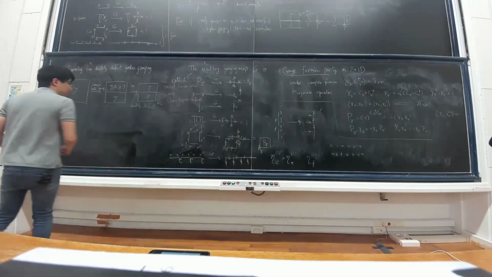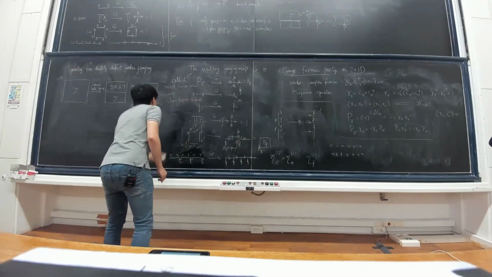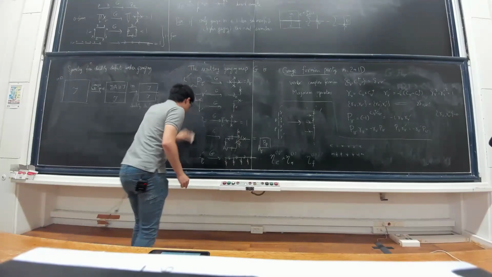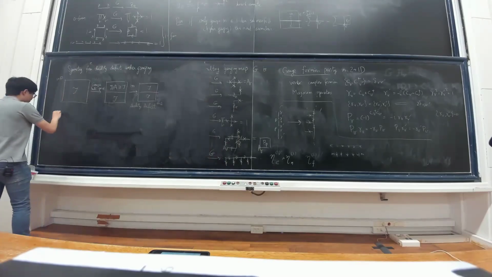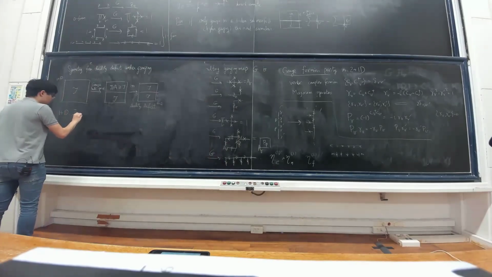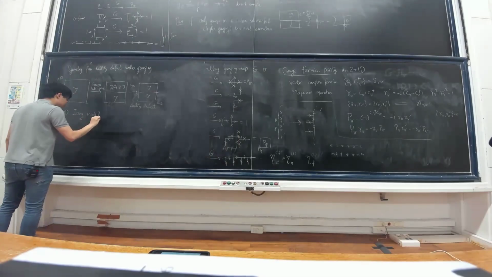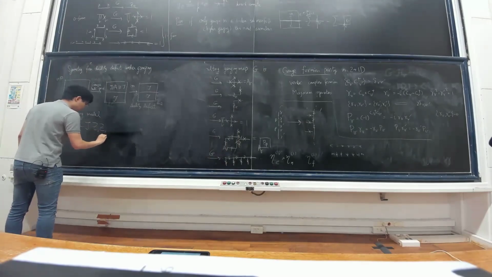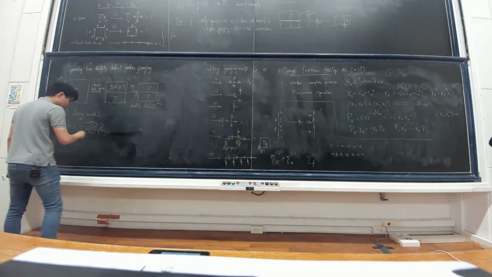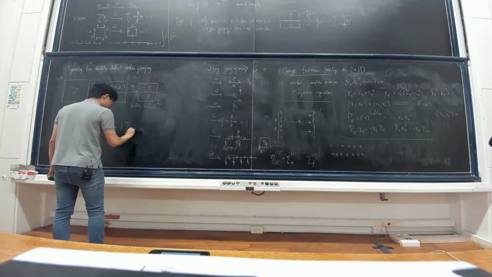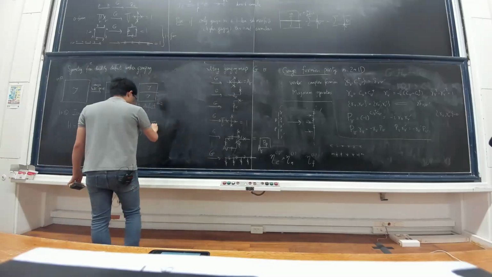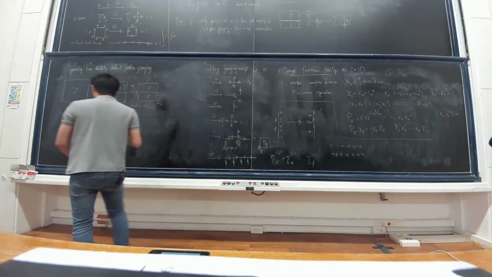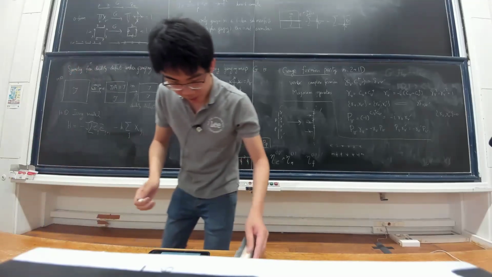So let's apply this to the lattice. The example I'm going to do is we go back to 1+1D now. So I'll do the 1+1D model, where now instead of vertices, I'm just going to write them as an index j, being an integer.